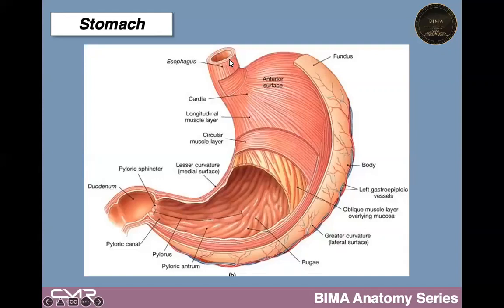The other one is around about here, at the level of T11. And yeah, so this is all smooth muscle here. So you've got the circular muscle layer, which is the innermost layer, and then you've got the longitudinal muscle layer as well.